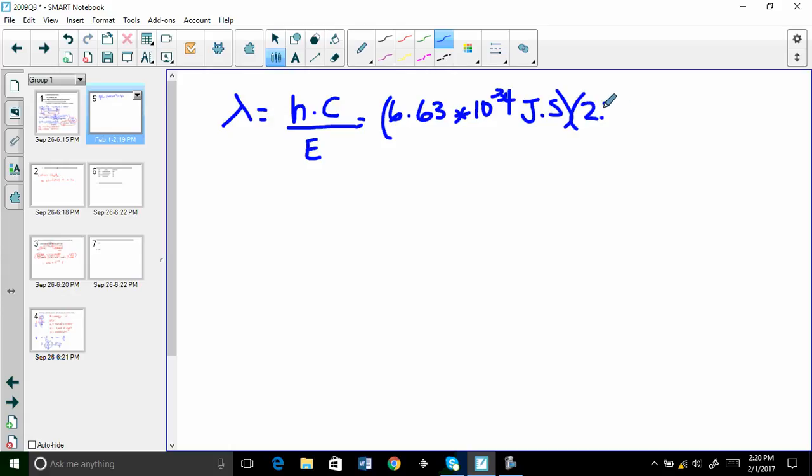It's 2.998 times 10 to the 8th meters per second. So do this. And then E is the answer that we just got, but it's downstairs, so we're going to multiply by the reciprocal. And the answer we just got was 4.02 times 10 to the negative 19th joules.